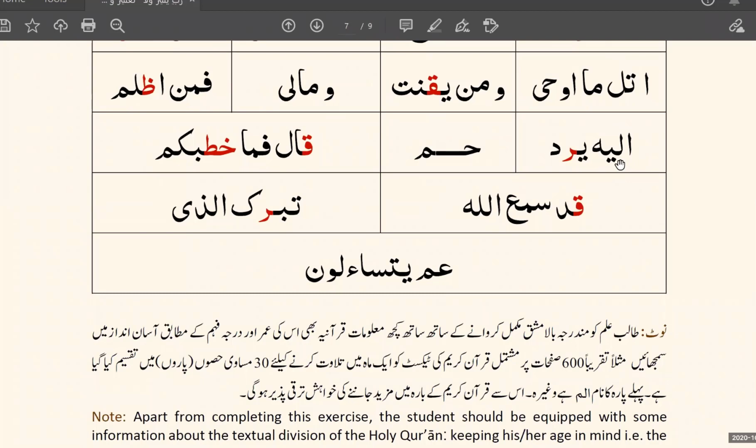Alif, Lam, Ya, Ha, Ya, Ra, Dal, Ha, Mim, Qaf, Alif, Lam, Fa, Ha, Mim, Mim, Fa, Mim, Alif, Kha, Ta, Ba, Kaf, La, Mim. Okay, Kaf, long.